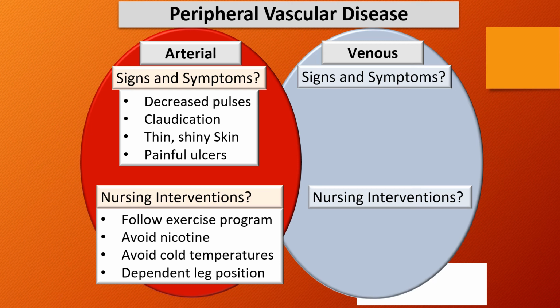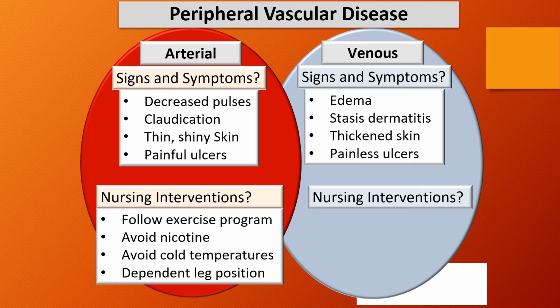Okay. Now for venous, our peripheral venous disease patients will have edema, because remember with peripheral venous disease, you have a problem with the blood returning back to the heart. Therefore, you have venous congestion, venous pressure build up in the lower extremities, which results in lower extremity edema.